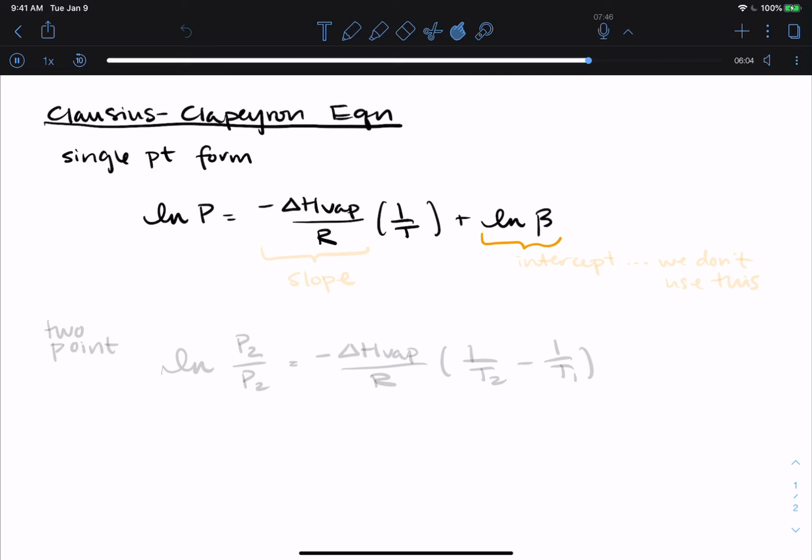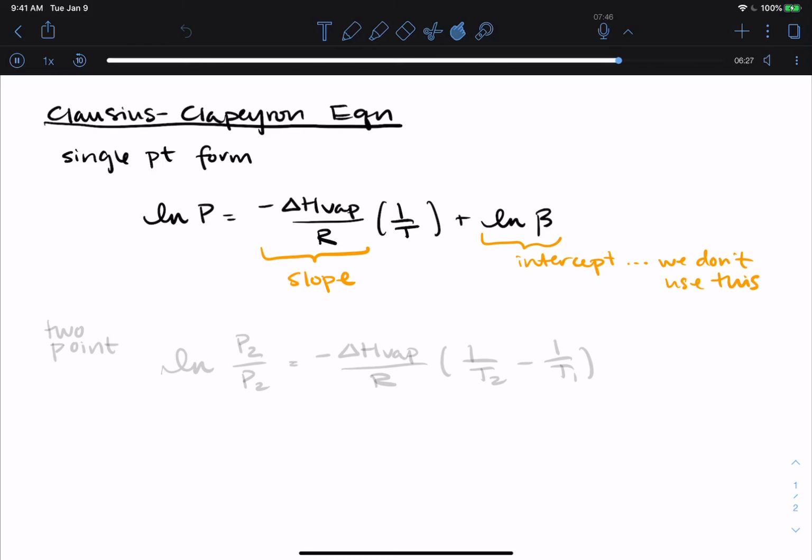It's just the intercept. It's nothing we use, so we don't use this. What you would most often do is use the slope of the line to get the delta H of vaporization.